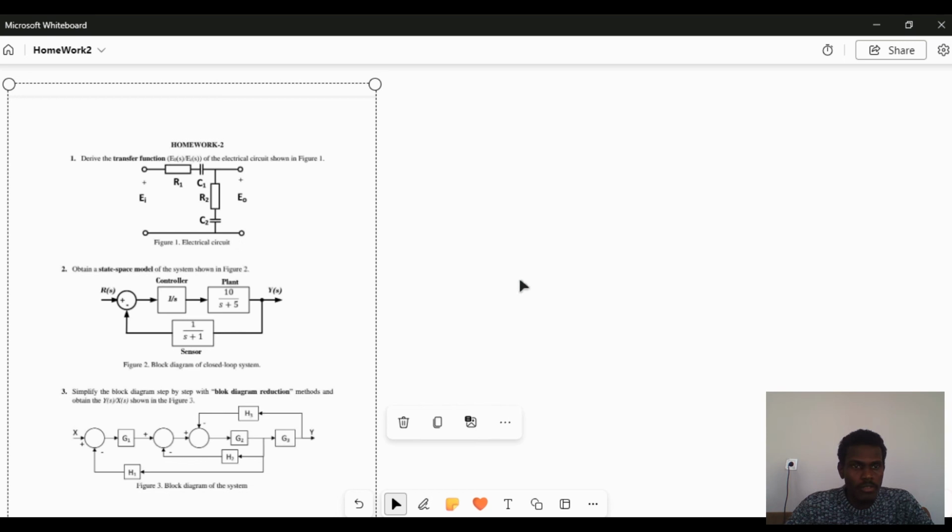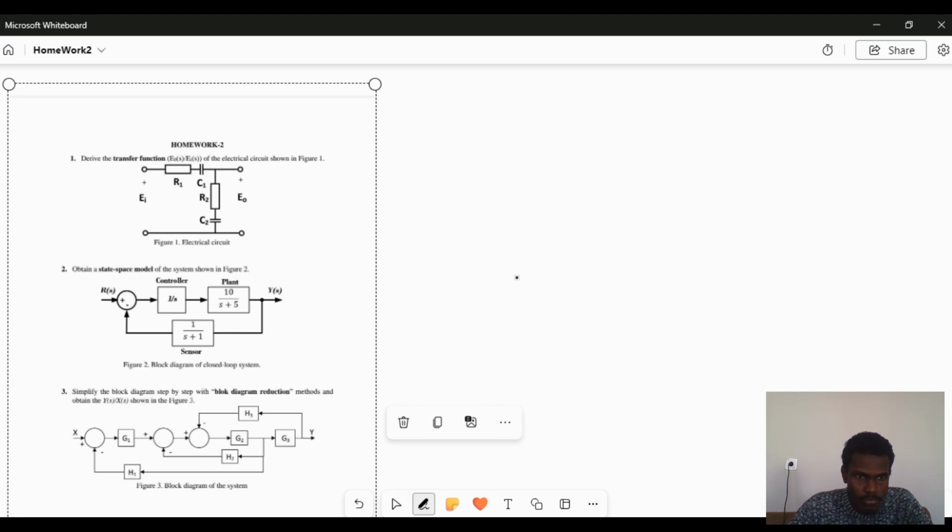So let's start. In the first question, we're asked to find the transfer function of the electrical circuit shown in figure 1. Here we have an RC circuit, so we're going to solve it. Let's start with R1 C1 and R2 C2.